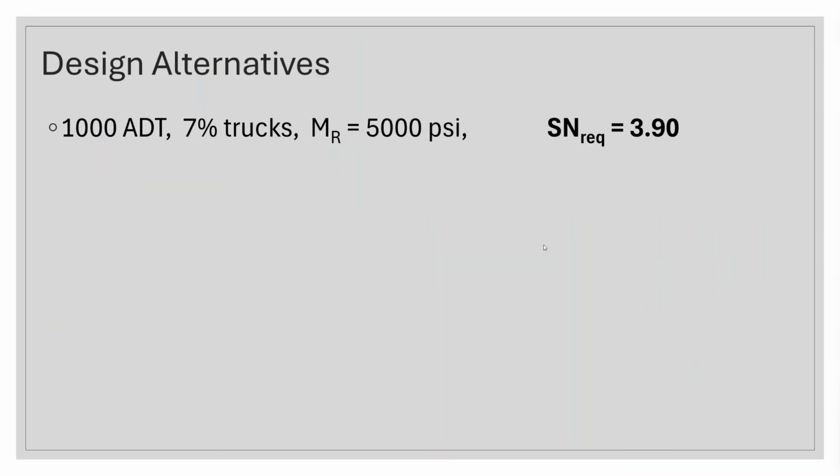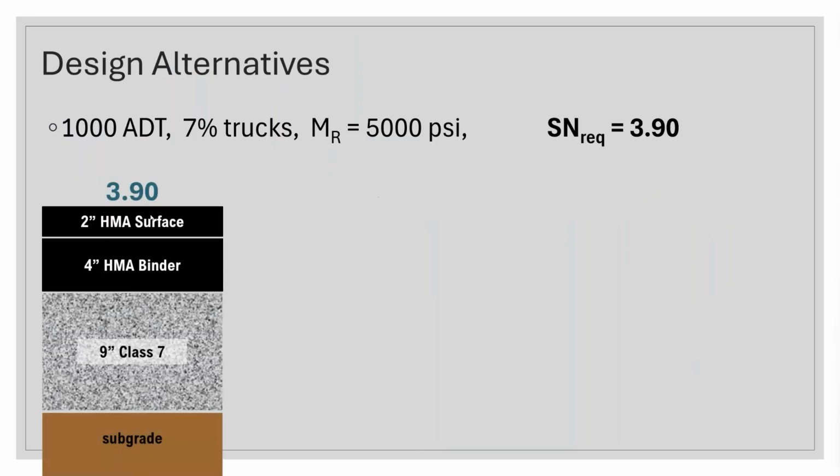All right, looking at some design alternatives for a different situation. 1,000 vehicles per day in traffic, 7% trucks, medium subgrade, 5,000 PSI, and the structural number required was 3.9. So if I do 2 inches of surface, 4 inches of an intermediate course, 9 inches of crushed stone base, that gives me a 3.90.